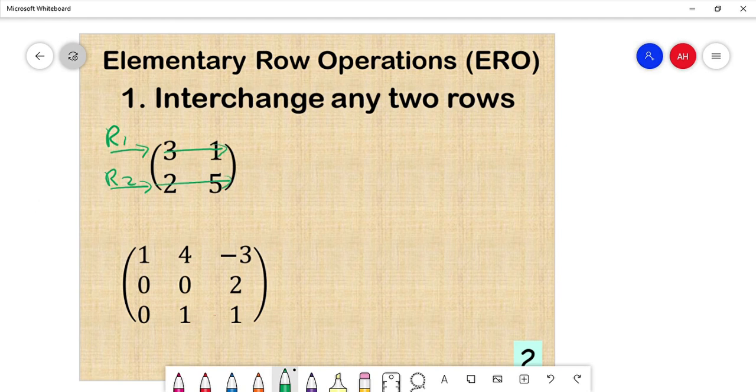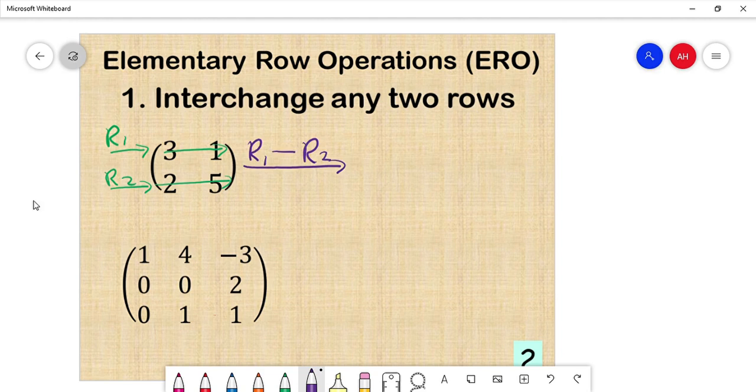Between row one and row two, we can always interchange their position. We are talking about rows here, not columns. We are going to use elementary row operation, row, not column. So we can interchange between row number one and row number two.